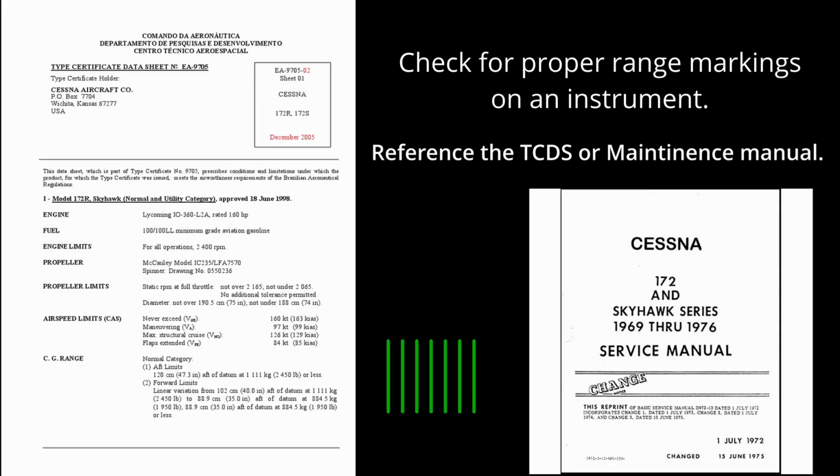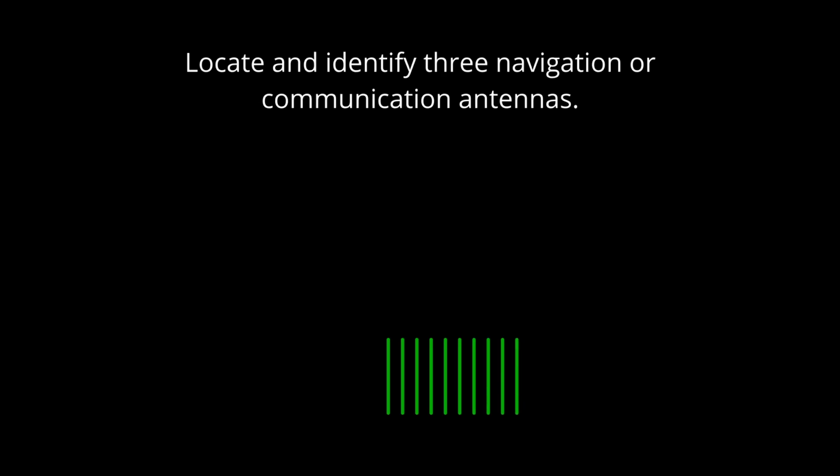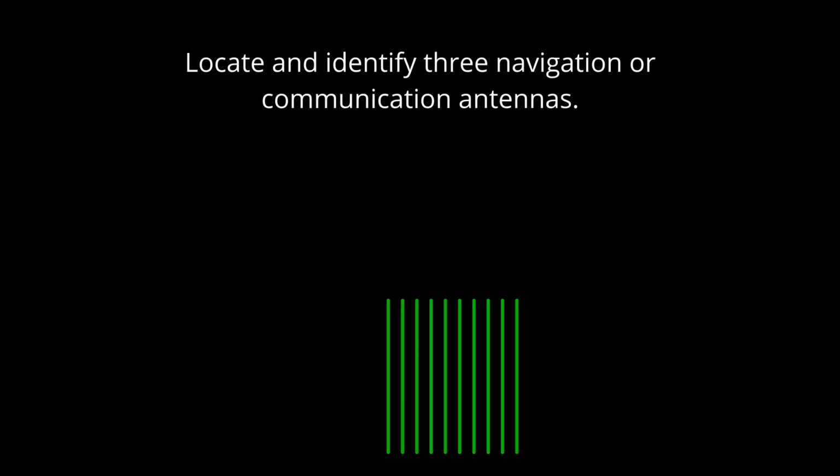Yes. Altimeter, speed indicator, oil pressure, things like that. Locate and inspect an aircraft's alternate air static source. If you have that, you'll be given a diagram or a maintenance manual of that aircraft to determine where that alternate source is. Locate and identify 3 antennas that are navigation or communications antennas.